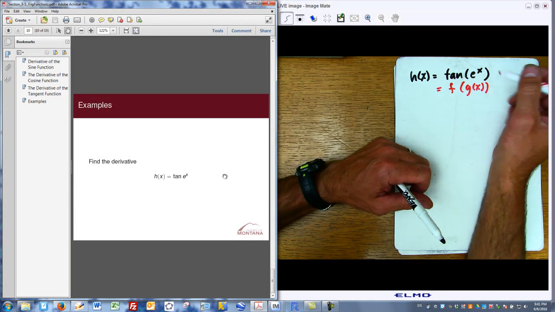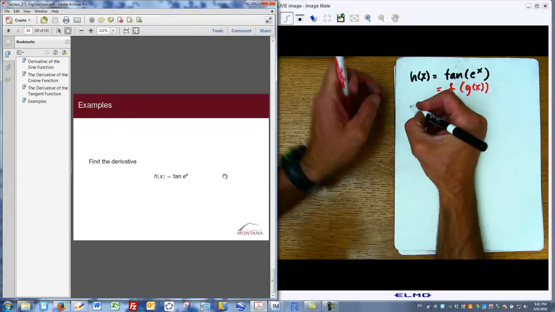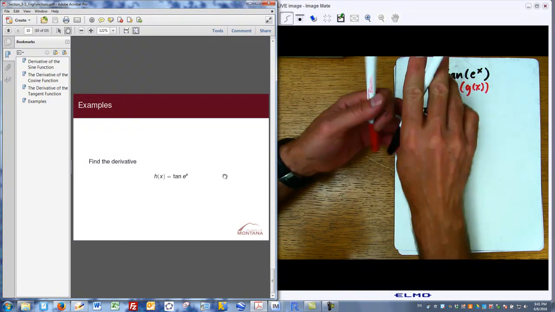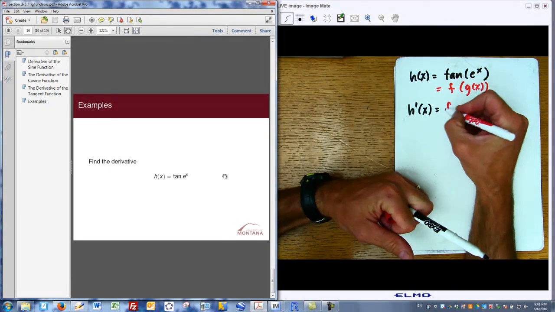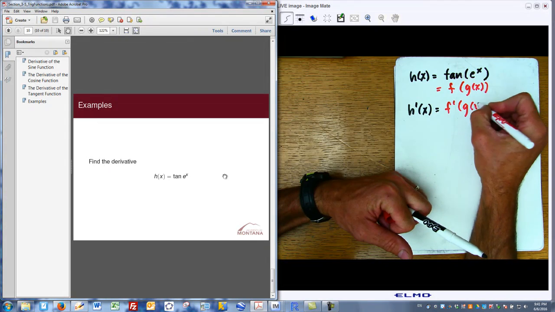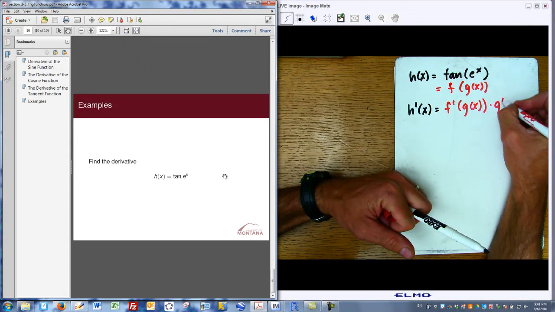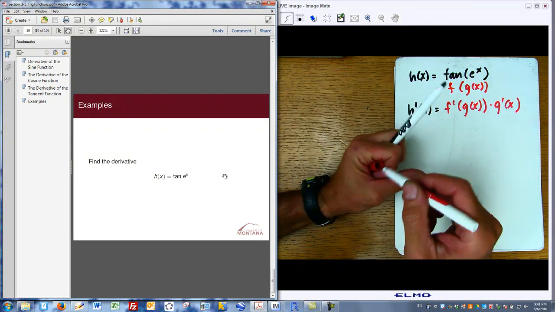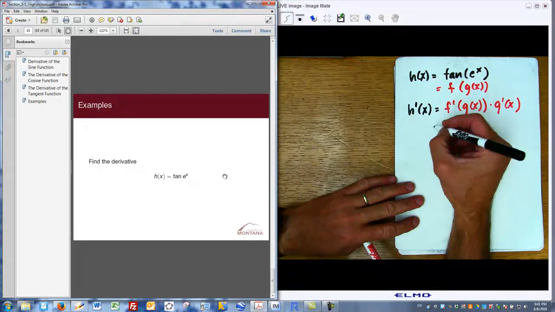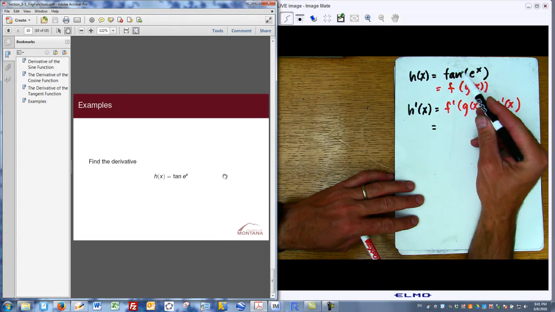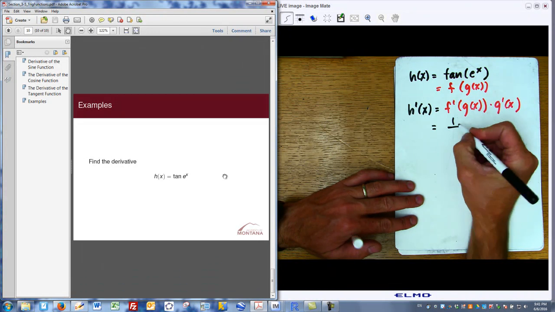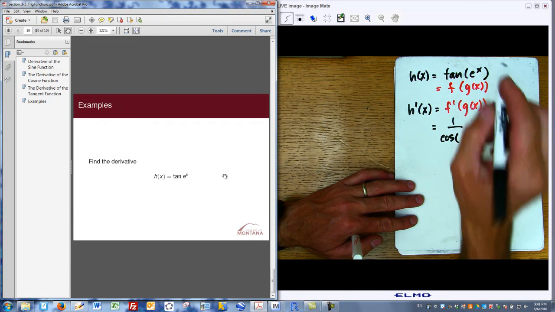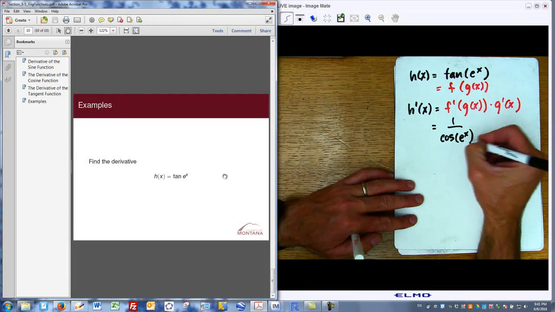So if we think of it that way, then its derivative by the chain rule will have to be equal to f prime of g of x, times g prime of x. So let's go after that one. So first we take the derivative of the tangent, the outside function, and that's 1 over the cosine squared of the argument e to the x.